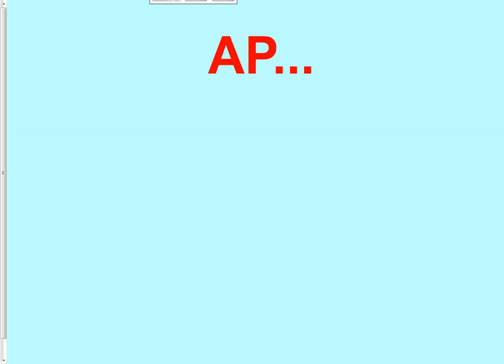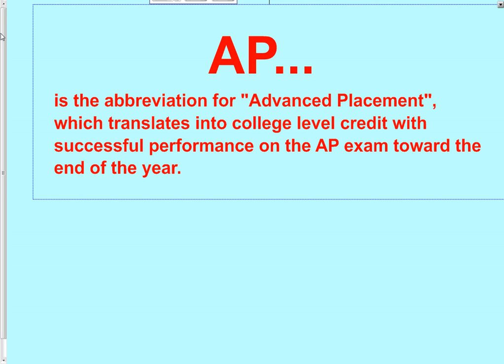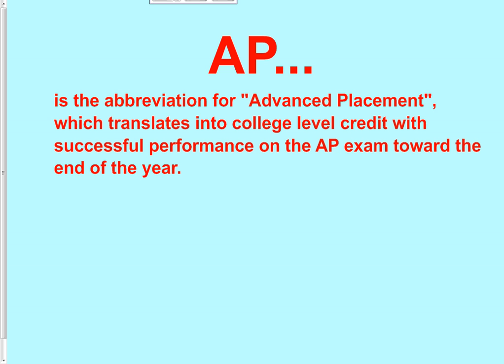Now, the AP portion of the course name is something I'm sure you're well familiar with by now, since most people in a class like Calculus BC have taken AP courses before. It's the abbreviation for Advanced Placement, which of course translates into college level credit with successful performance on the AP exam that will be taken toward the end of the year.